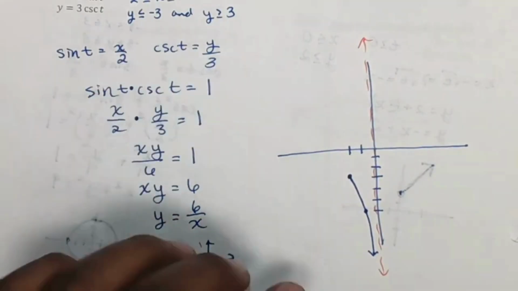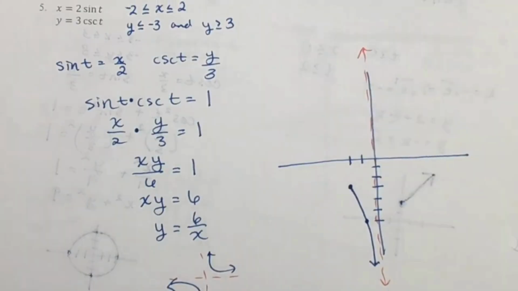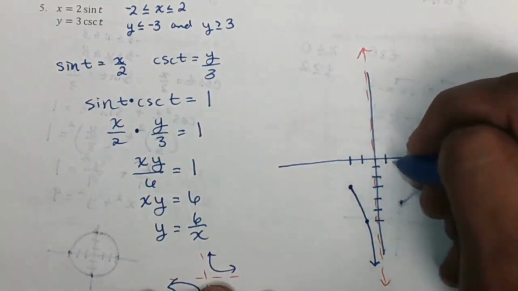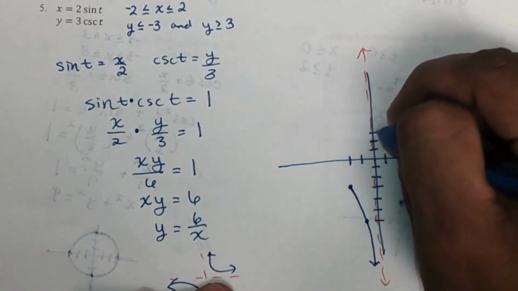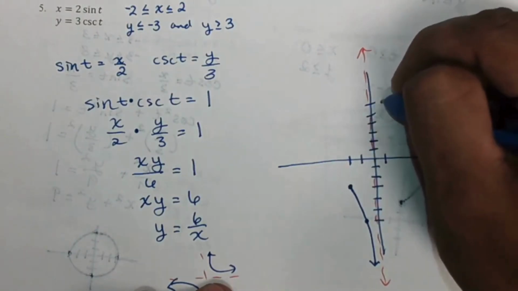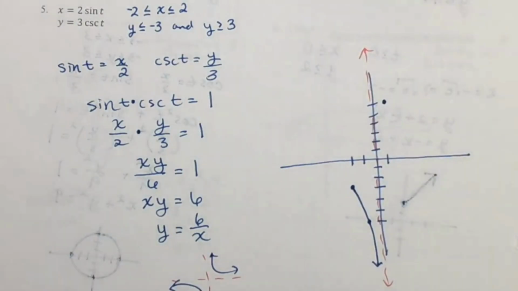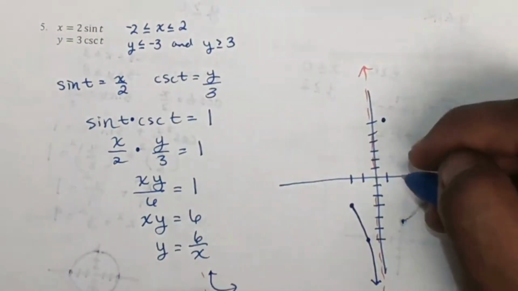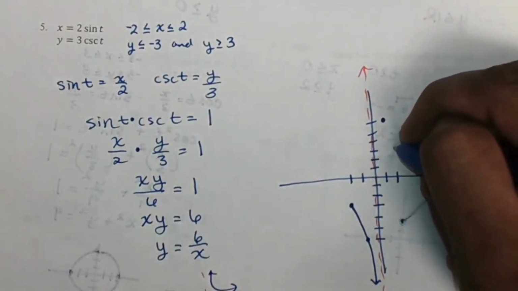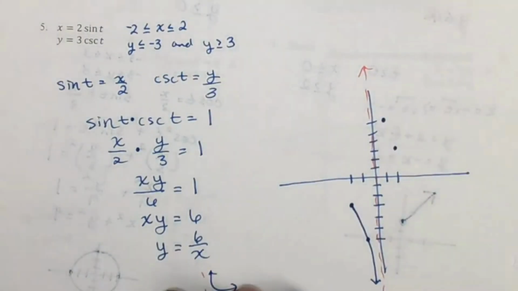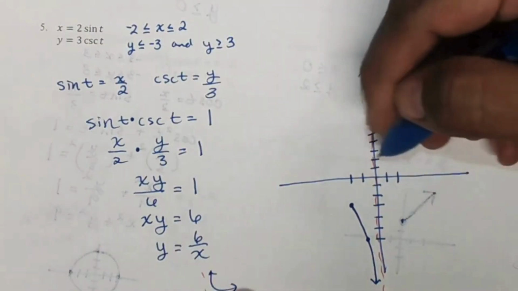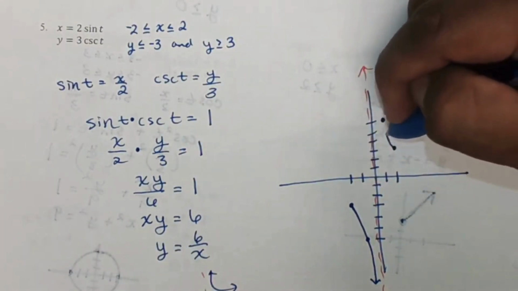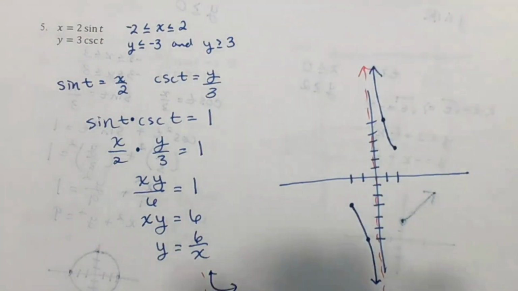Again, if I plug in 0, I get undefined. What happens if I plug in 1? Well, you end up getting 6. If I plug in 2, the maximum value of x, you end up getting 3. Well, I can't plug in x is 3 because that's not within the range or restrictions.